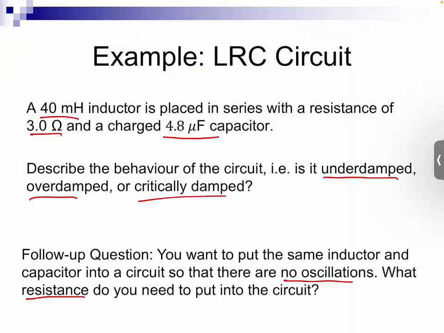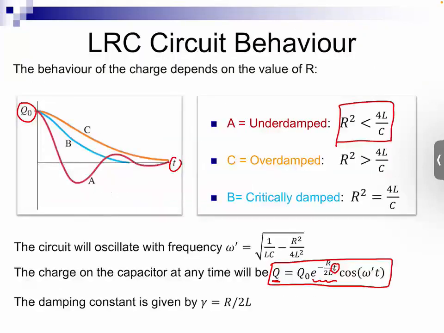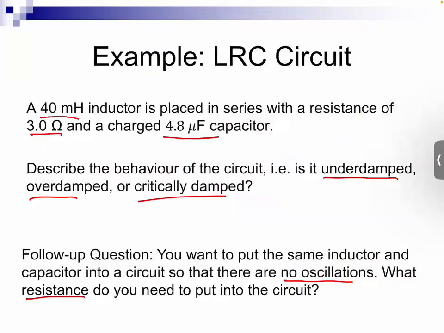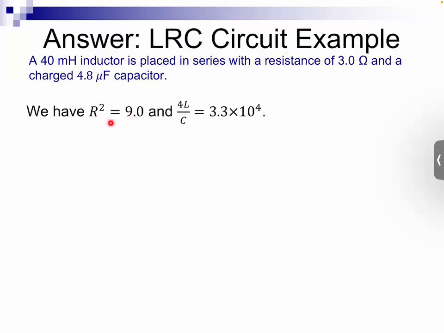Right, so to determine whether it's underdamped, overdamped, or critically damped, you have to look at these conditions for each of the damping. So you have to compare the resistance to 4L over C. Well, you don't have to calculate the resistance because it's given, but you have to calculate 4L over C. So 4 times 40 times 10 to the minus 3 divided by 4.8 times 10 to the minus 6 gives you 4L over C equals 3.3 times 10 to the 4.